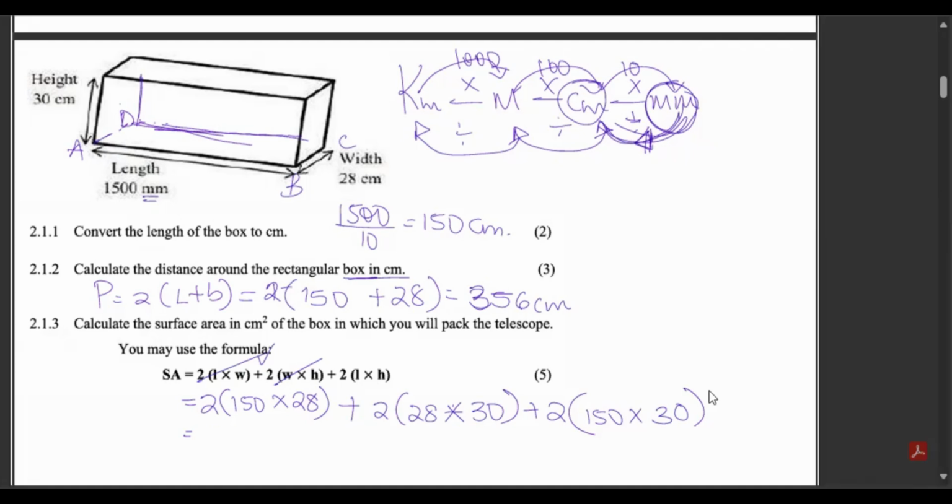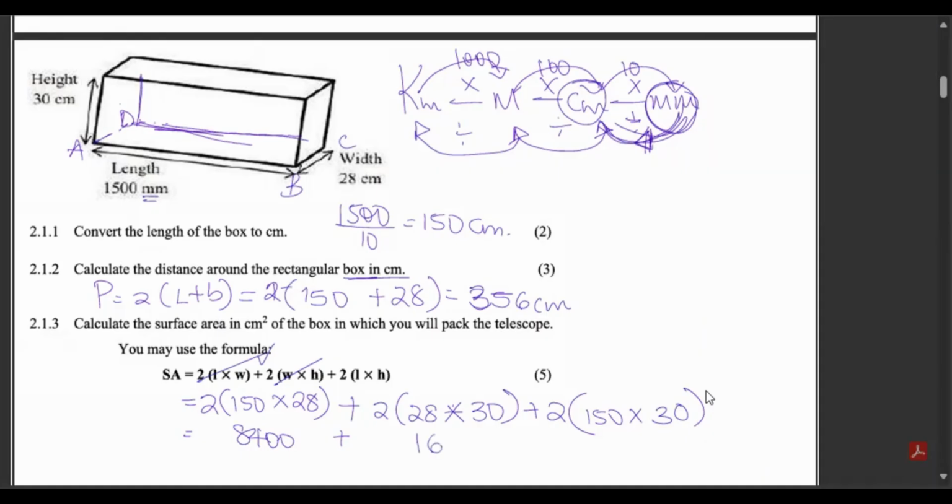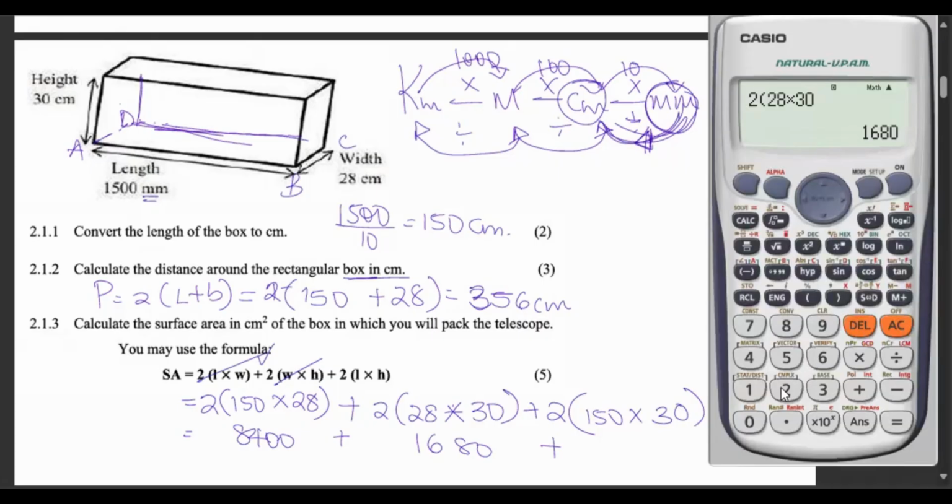The first one's 8,400 plus 2, open brackets, 28 times 30, 1,680 plus 2, open brackets, 150 times 30.